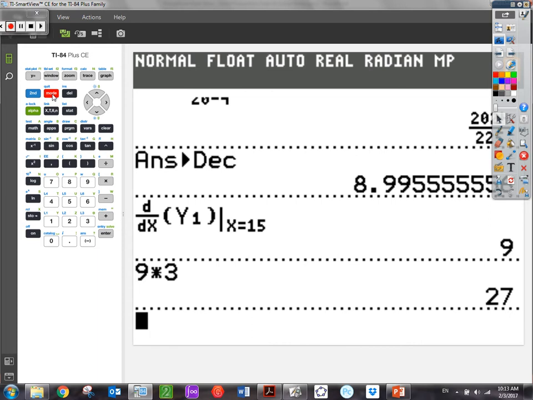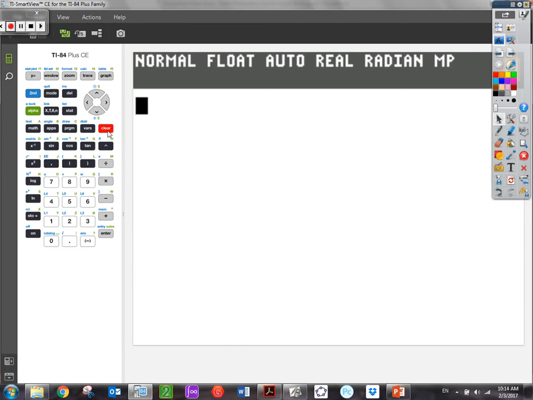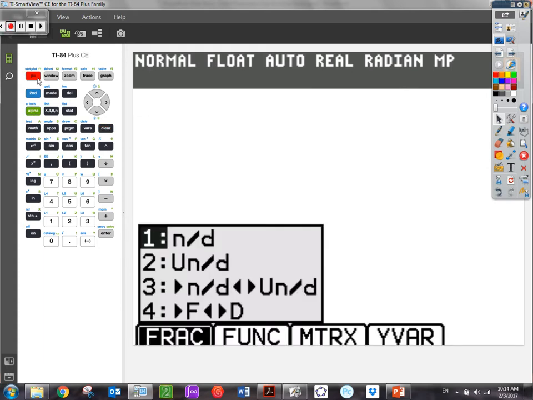All right, so it wants our tangent line. Okay. So we need our slope there. We need dy dx at 2. So what I would do, let's just go ahead and clear everything. Okay, so I would use a fraction. The fraction, if you recall, is alpha y equals, enter.